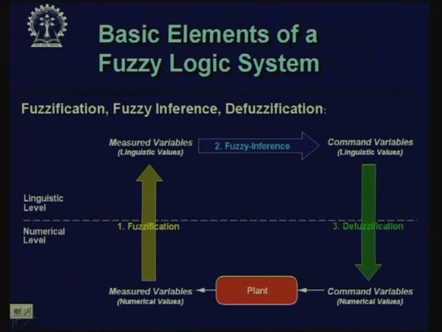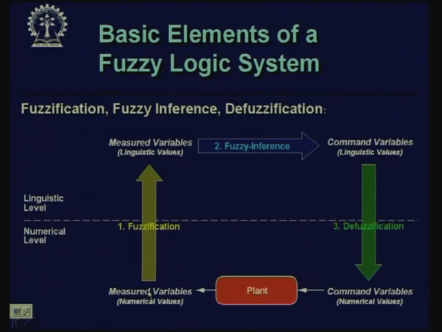The problem is something like this. We are going to control something. So, we are given some measured value, where I read some value from a plant, okay. I get some numerical value, but my inferencing method is fuzzy.